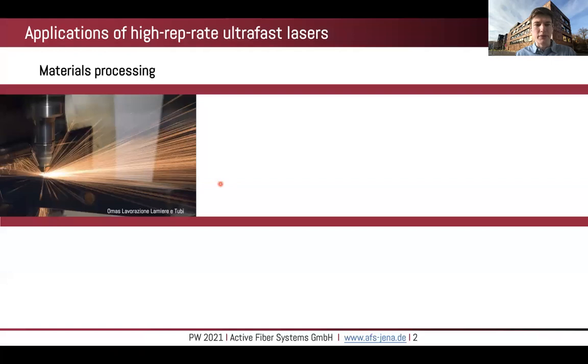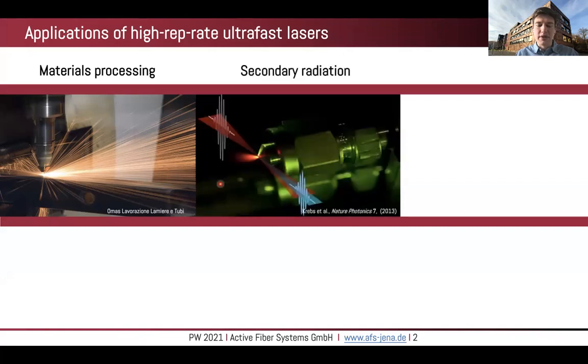In the beginning, I would like to first of all motivate our work with potential applications of high repetition rate, ultra-fast lasers, and in our case, fiber lasers. A very obvious application is found in materials processing, and the generation of secondary radiation via high harmonic generation, which is the topic of this talk.